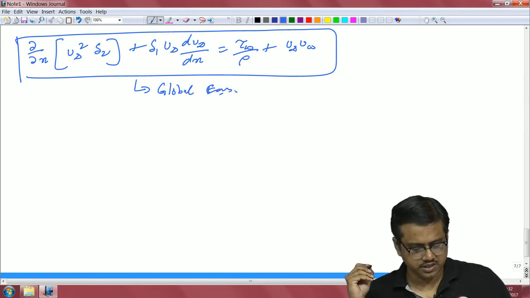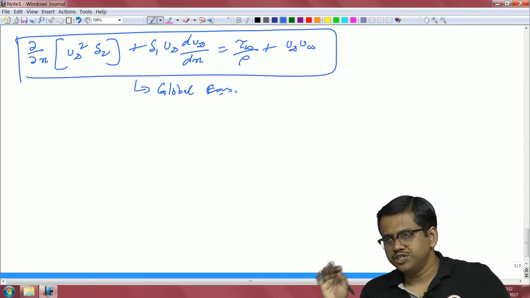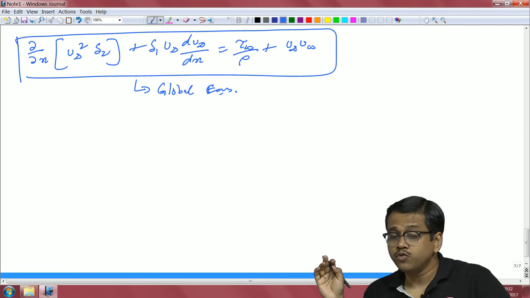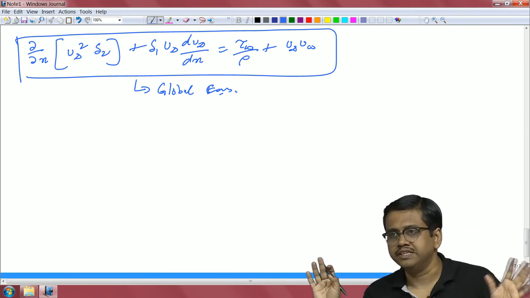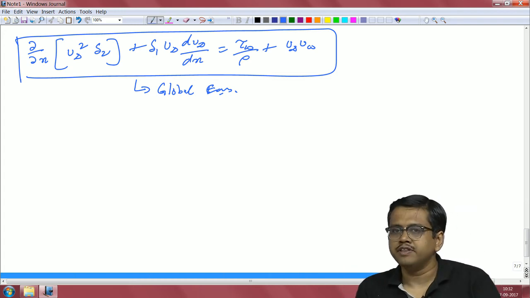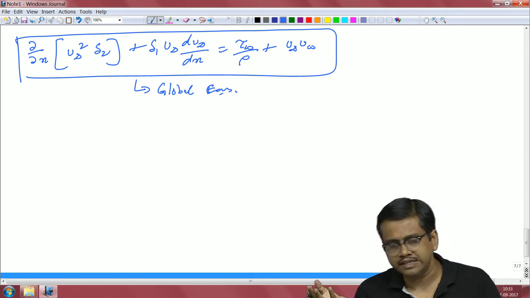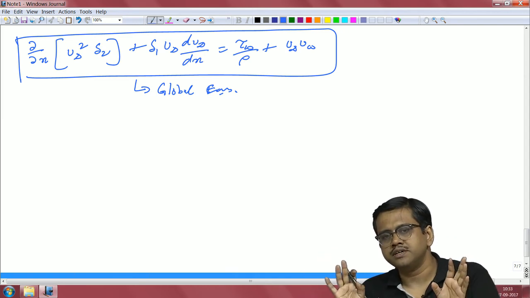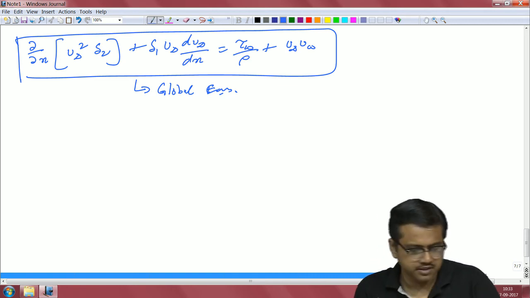Got it? So, this is the global equation. We have reduced the differential equation to an integral form. So far this particular equation is exact, there is no problem. We have not assumed anything. If you take a differential equation, you can arrive at this form without much of an assumption. Whatever is the boundary layer assumption, that is still valid, except that we have not assumed any velocity profile as of now. Now we are going to do that.